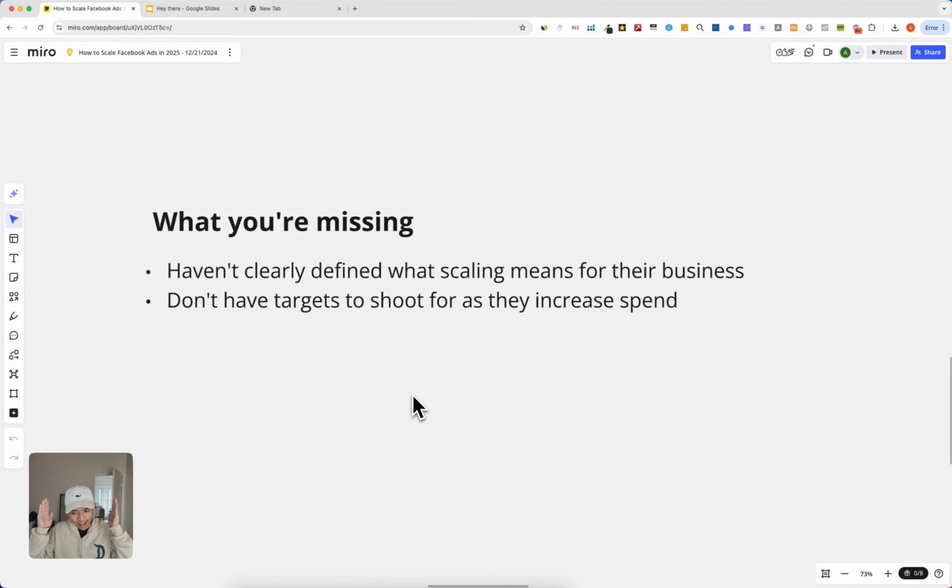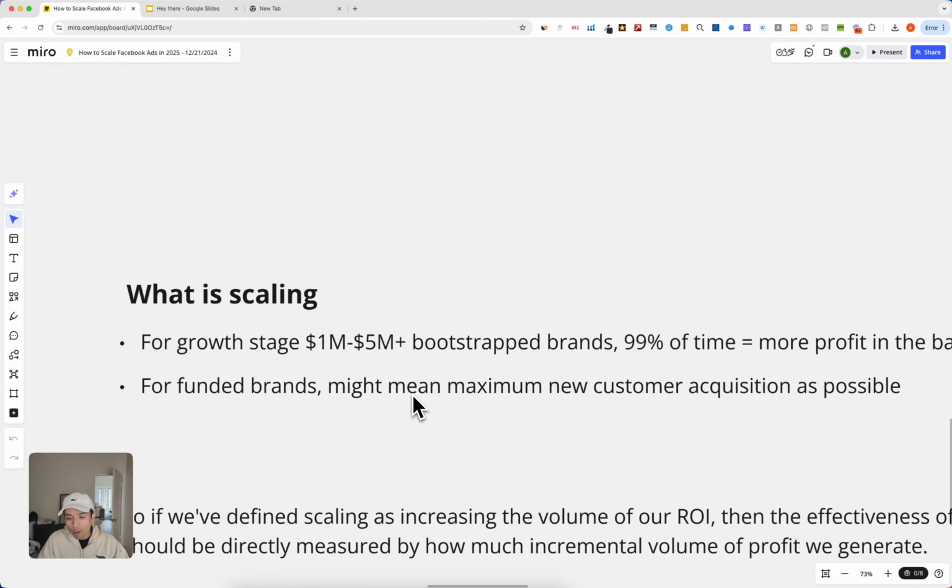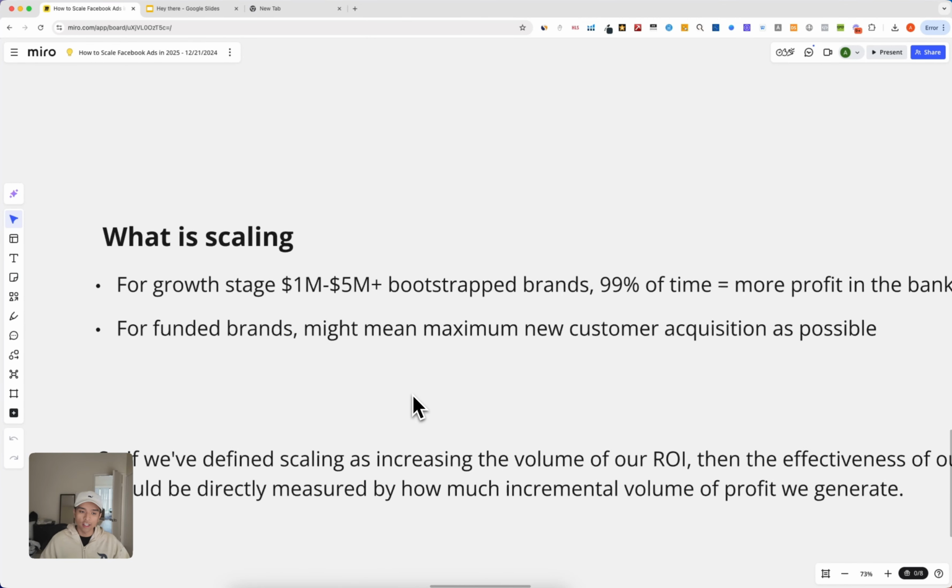What I mean is having a clearly defined outcome that you want to achieve when you increase your ad spend. A lot of brands are surprisingly missing this, and because they don't have that, how in the world are you ever going to reverse engineer targets to pass off to your media buyer or to your strategist to actually hit those goals for your business? You can't. So what you have to do is first define scaling, okay?